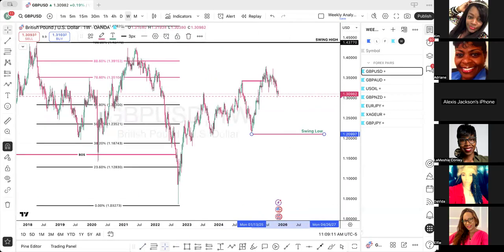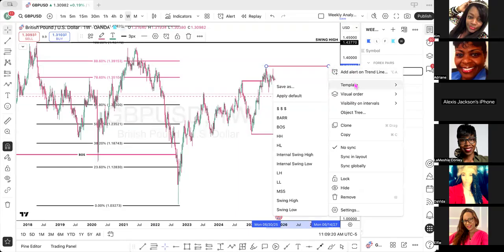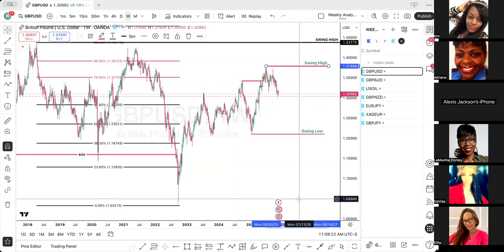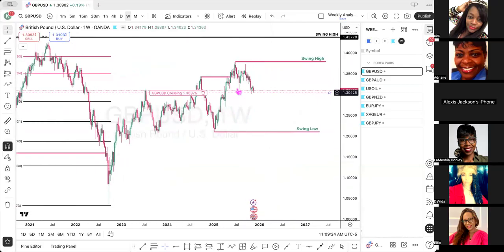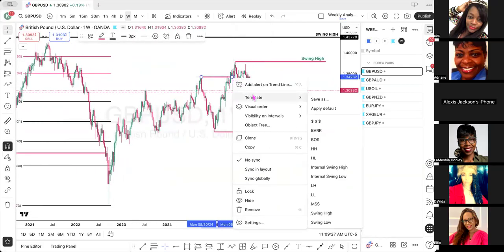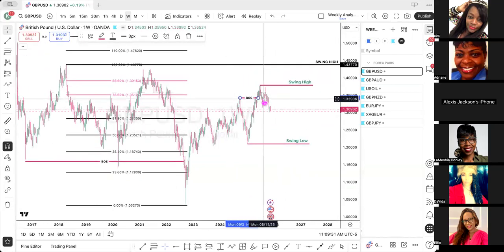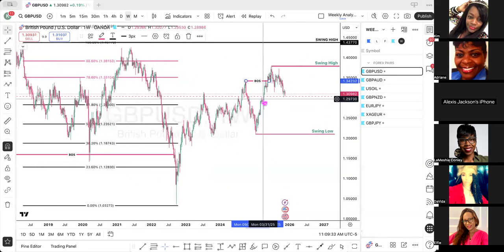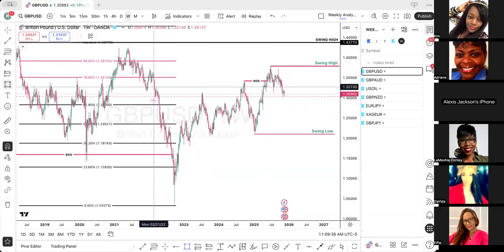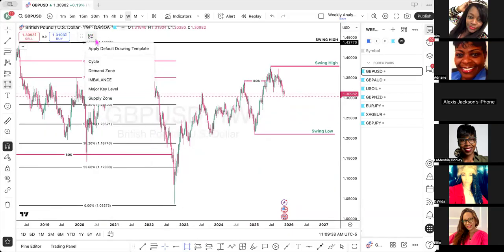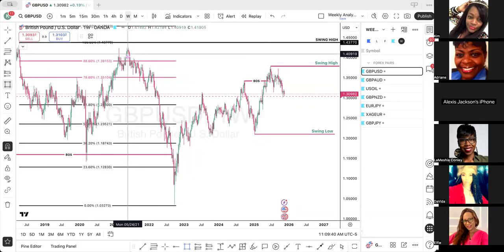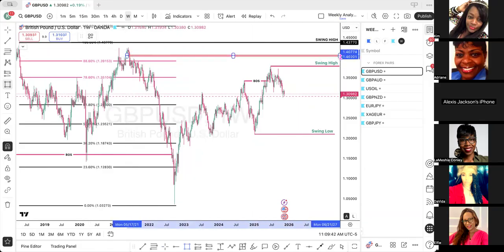And of course, this is our current structure buying up into the premium zone, and this is our swing high. Any questions on the market structure?